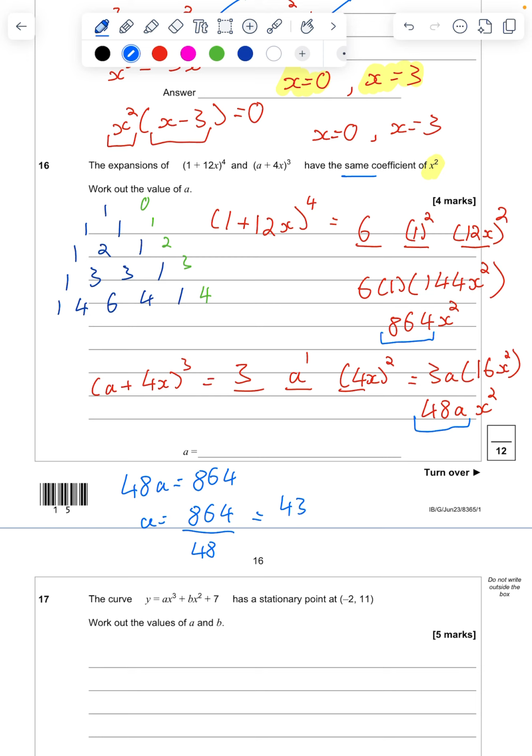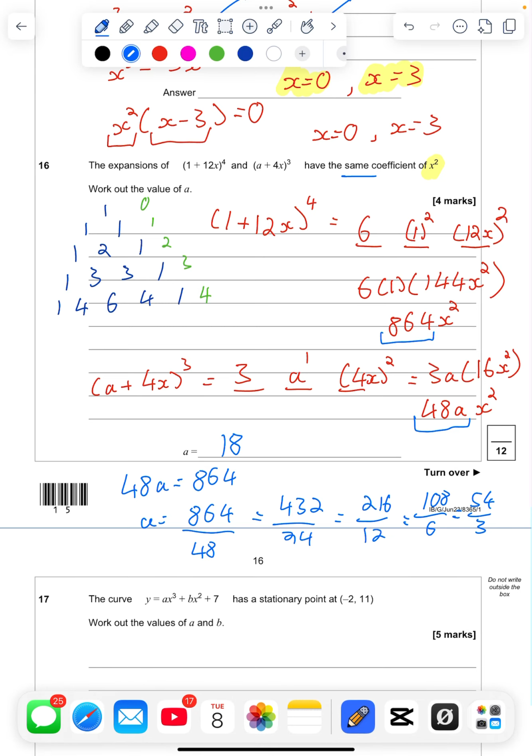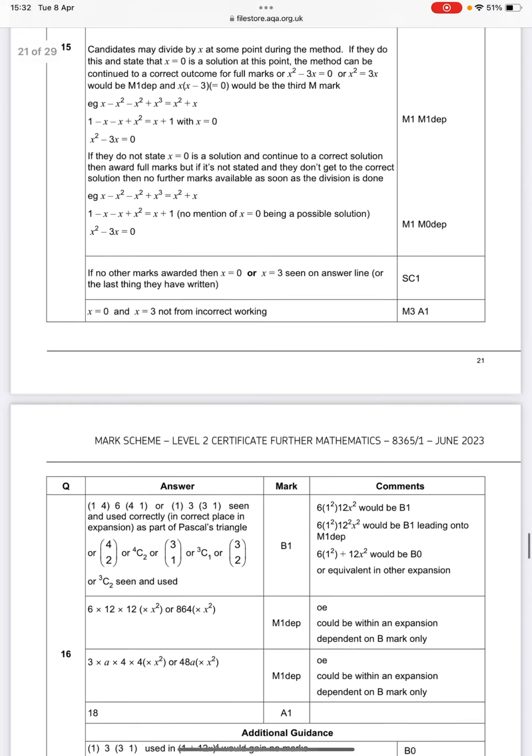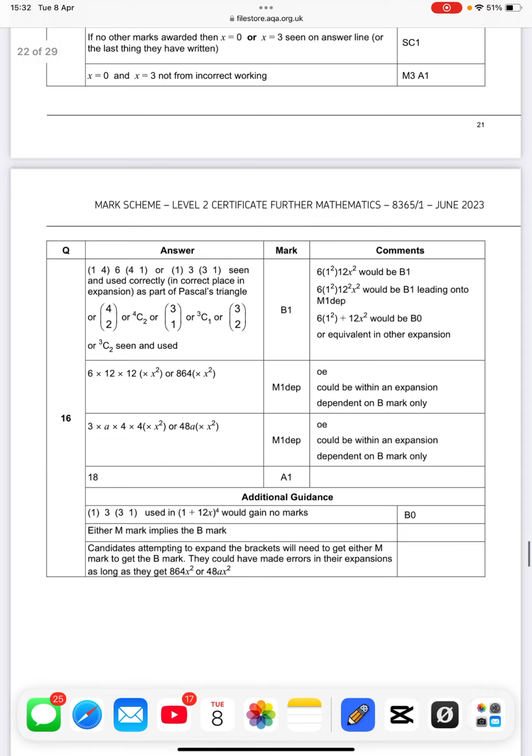So 432 over 24, over 216 over 12, which is 108 over 6, which is 54 over 3, which is 18, isn't it? 54 divided by 3 gives you 18. And that should be the answer to question 16. 16 should be 18. Good, it is.